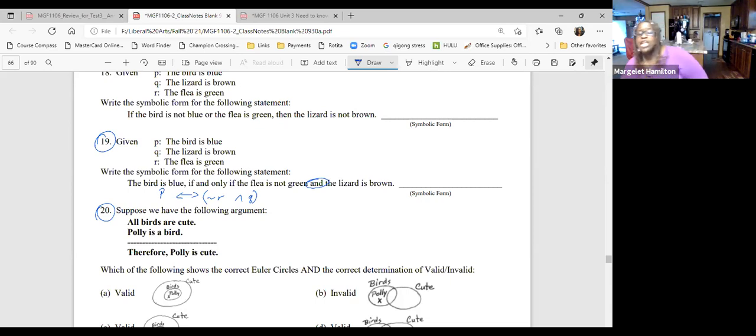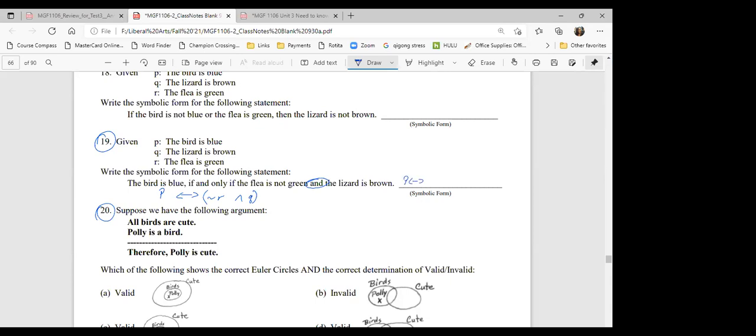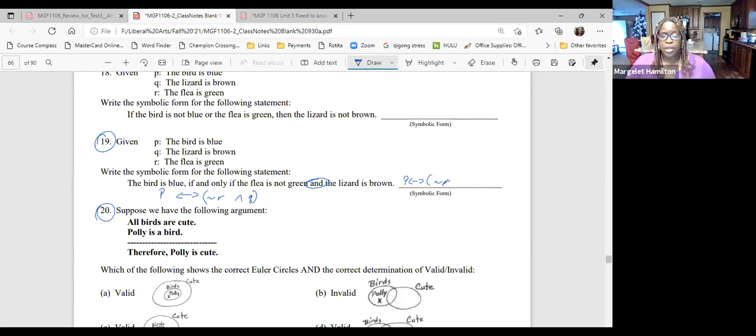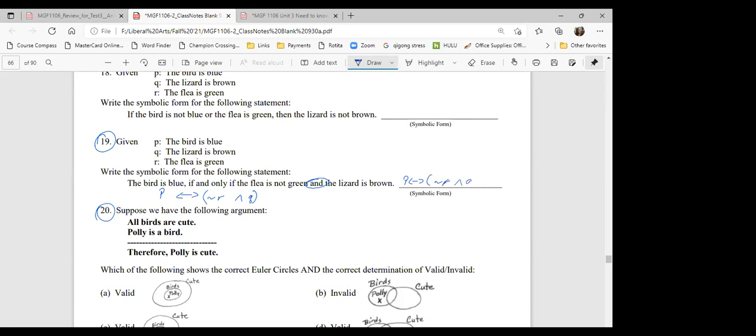Then we have two statements joined together by another one of our words. That means that parentheses have to hold those two together. Is everybody all right with that? So we good? Yes. Okay. So negation R and Q.